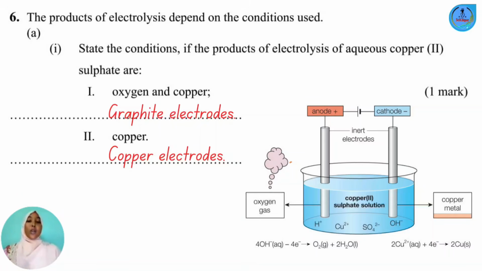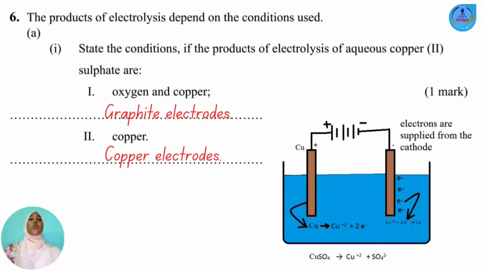Now at the cathode, you are going to have copper 2 ions being discharged, they will gain electrons and they will form copper atoms, which are going to be deposited on the cathode. Remember what we said, at the cathode, it's always reduction taking place. So, oxygen and copper are produced when graphite electrodes are used.